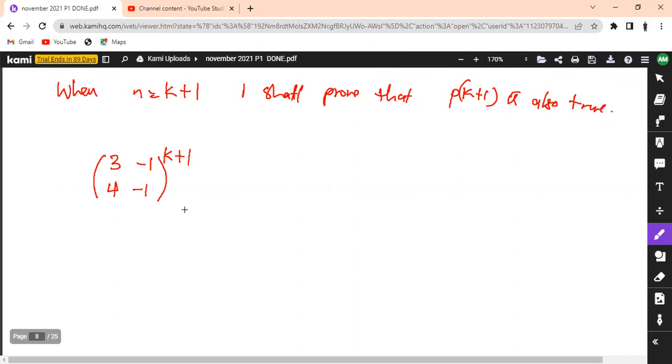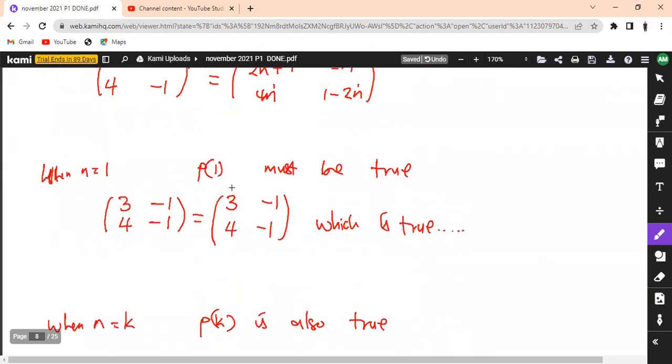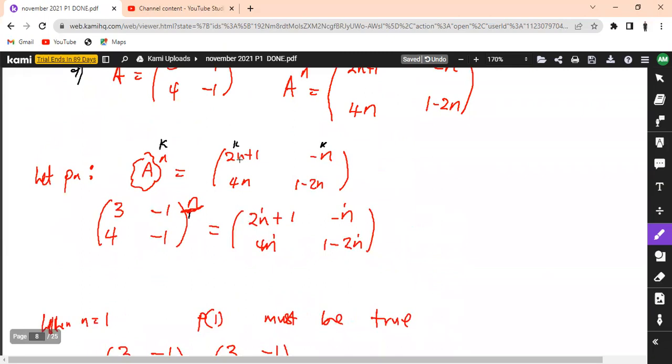Now if we cross-check, in place of n here, wherever there is n, you are going to substitute k plus 1. So we had 2n plus 1, and in place of this n, you substitute k plus 1.